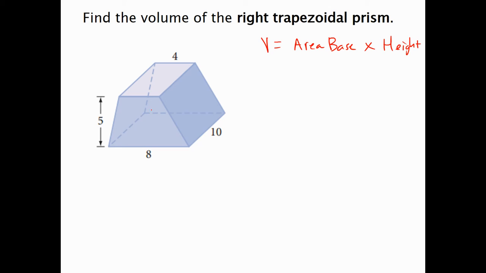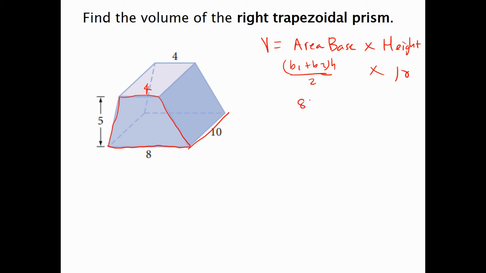So like I said, we kind of have to take this trapezoid and make that flat on the table. So then this 10 would be the height. So that's 10. And the area of the base is a trapezoid. So we need B1 plus B2 divided by 2 times H, which we got from chapter 8.